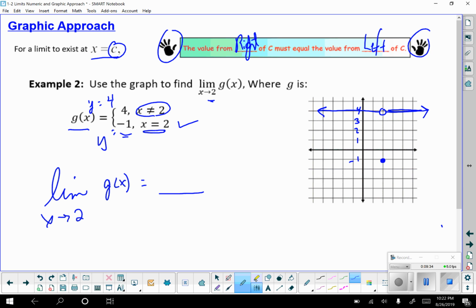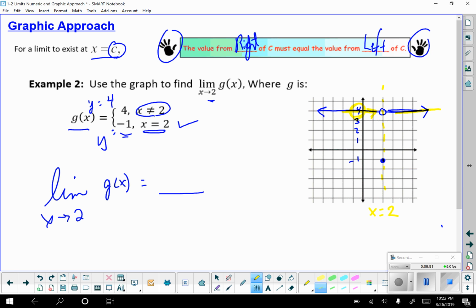Well, when I just trace from left and right, as I come into x being 2, so I'm thinking, okay, here's where x is equal to 2, correct? As I come into that from the left side, I'm at a height of 4.